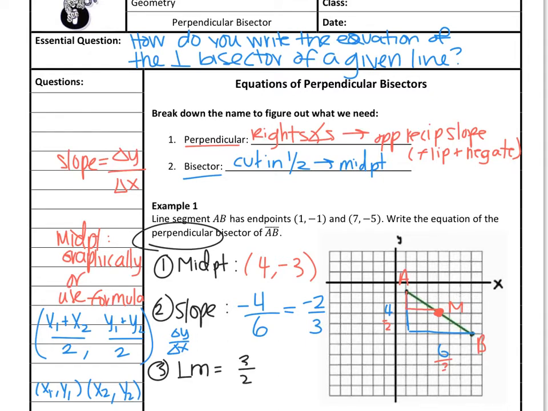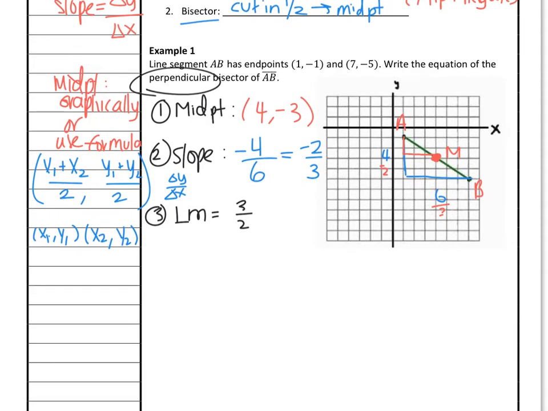Then our last and final step is to write the actual equation. So step 4, we're going to use that y equals mx plus b, and plug in what we know, solve for b. So we've got our x, which comes from the midpoint, our y comes from the midpoint, and our slope comes from step 3, perpendicular slope.